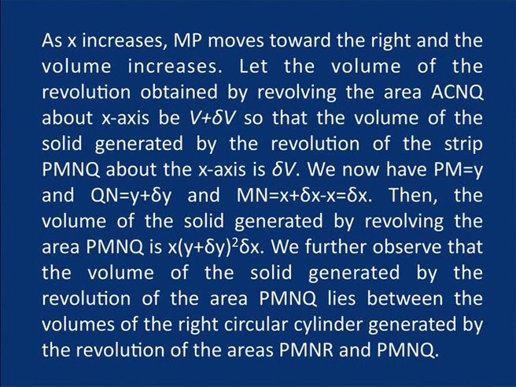We now have PM = y and QN = y plus delta y. Therefore, MN = x plus delta x minus x, that is equal to delta x. Then the volume of the solid generated by revolving the area PMNQ is of the order of pi (y plus delta y) whole square delta x.